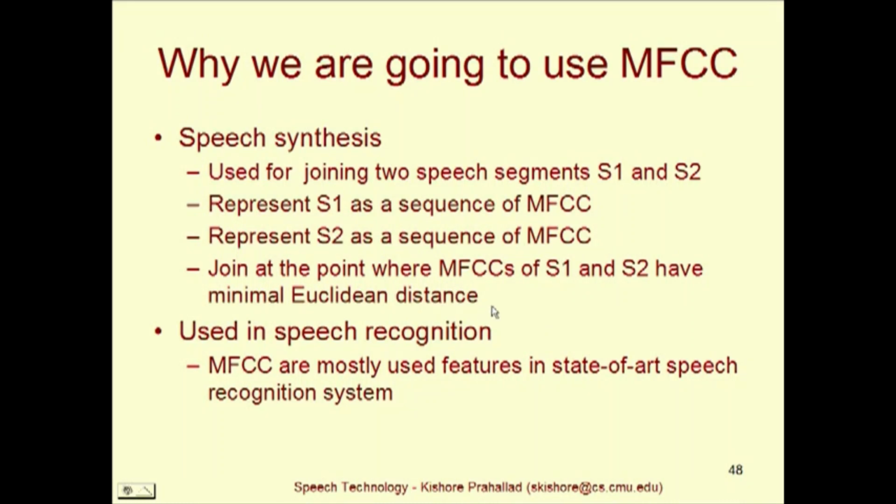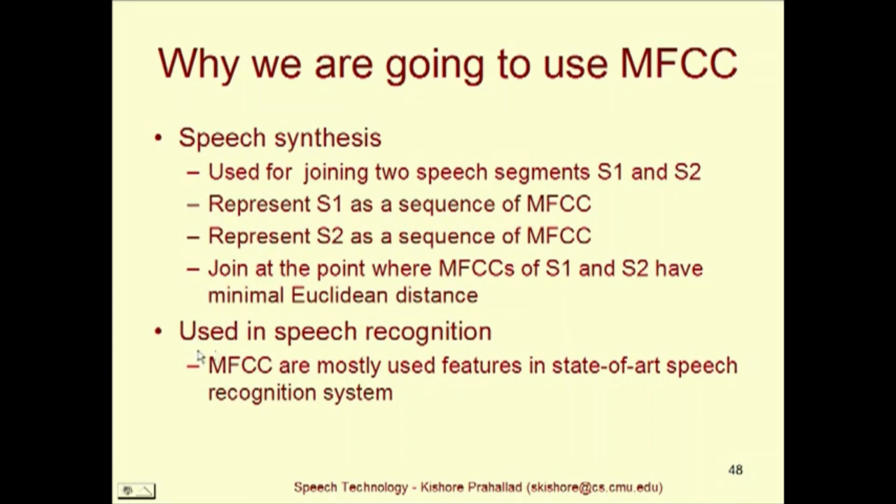That means you compare the MFCCs of S1 and S2 with each other, and join the two segments at the point where they have minimal Euclidean distance, so the joining cost is less. This is one of the uses of MFCCs in speech synthesis. We'll deal with it more later. I'm just demonstrating that MFCCs are useful in speech synthesis too.